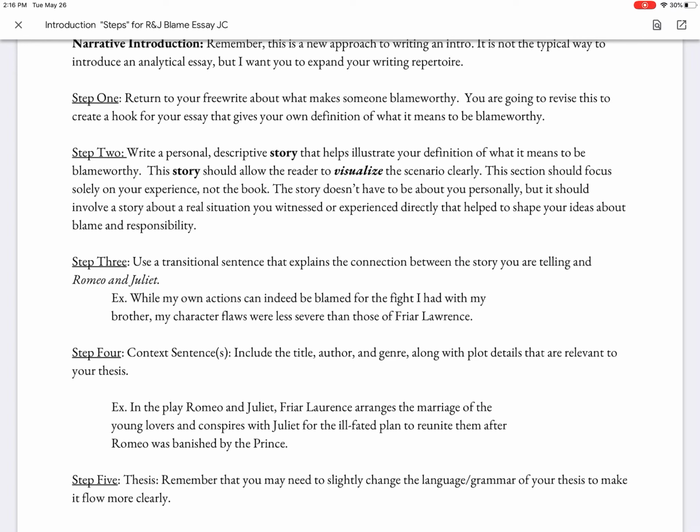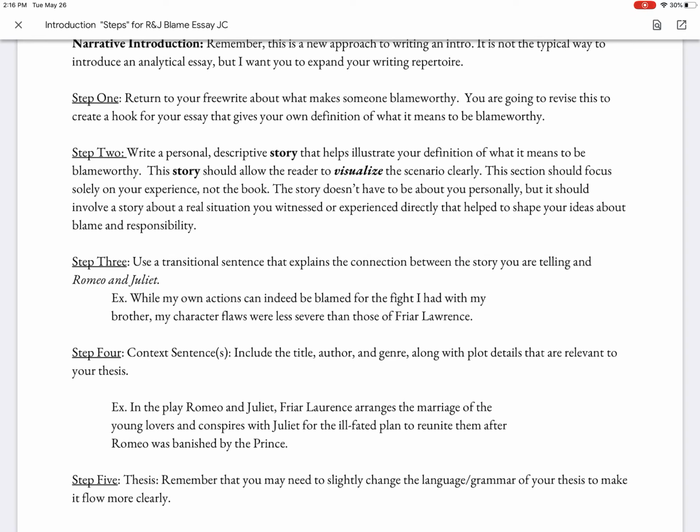Now, step 2 is going to be a brief, personal, descriptive story that helps illustrate your definition of what it means to be blameworthy. So I'm asking you to tell me a story about you, something you were involved in, or maybe something you witnessed with other people close to you that they were involved in, that allows the reader to visualize the scenario very clearly. And this is not about the book.